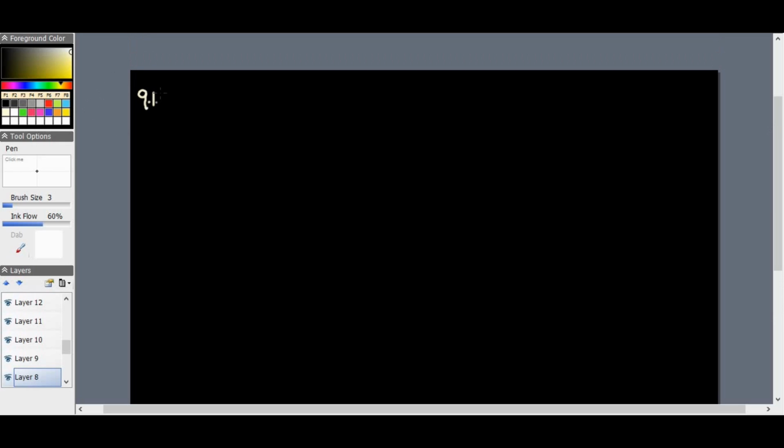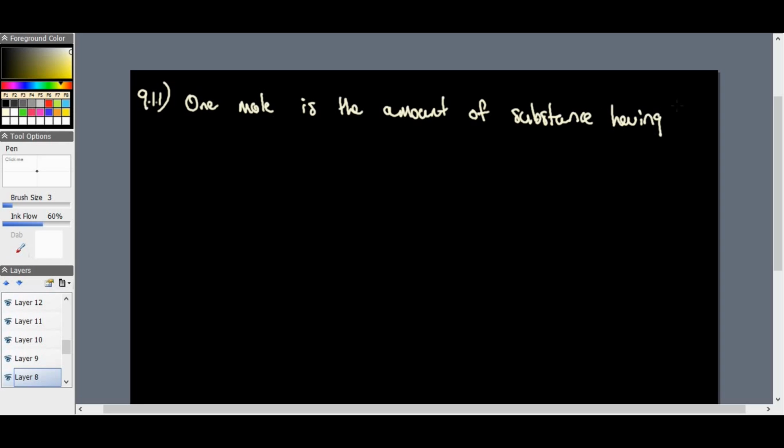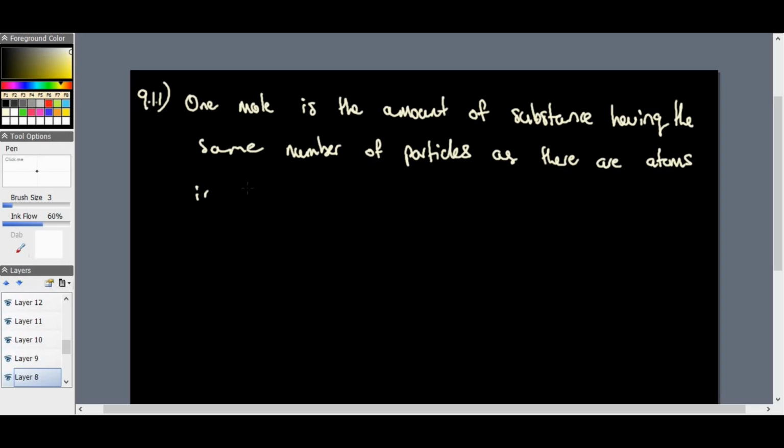Something we have done more recently. 1 mole is the amount of substance having the same number of particles as there are atoms in 12 grams of carbon-12, which is the carbon-12 atom.